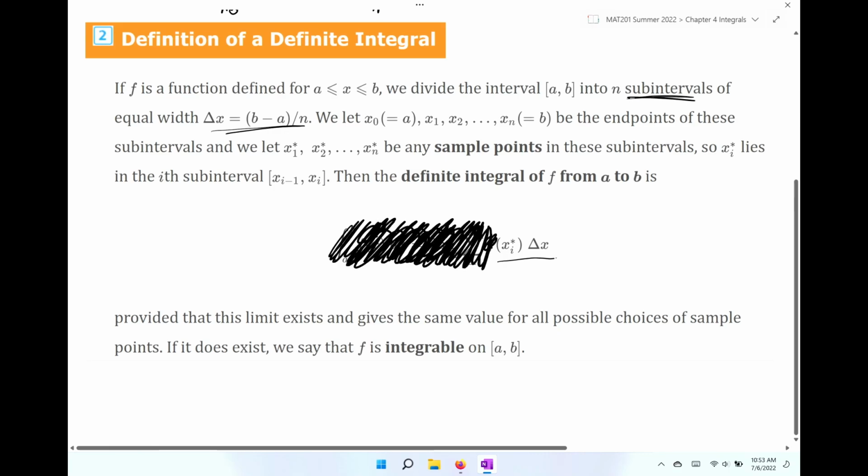Notice this is nothing more than the height and the width of one rectangle. And we know if we have the height and the width, that is going to equal the area.